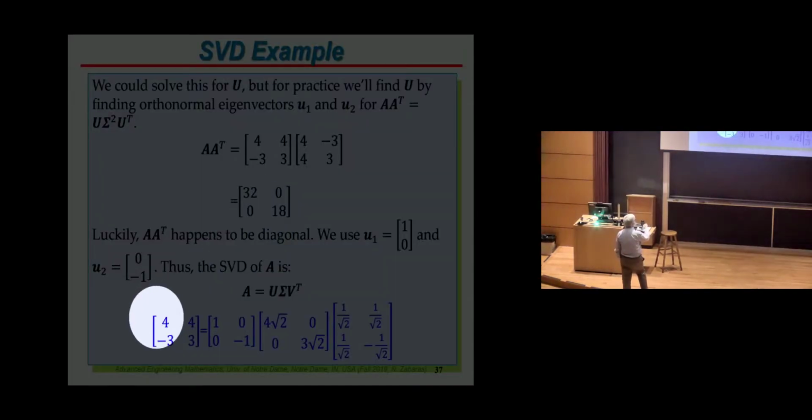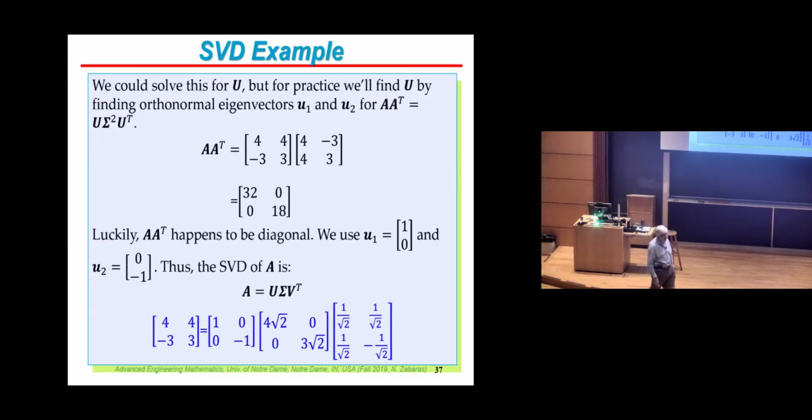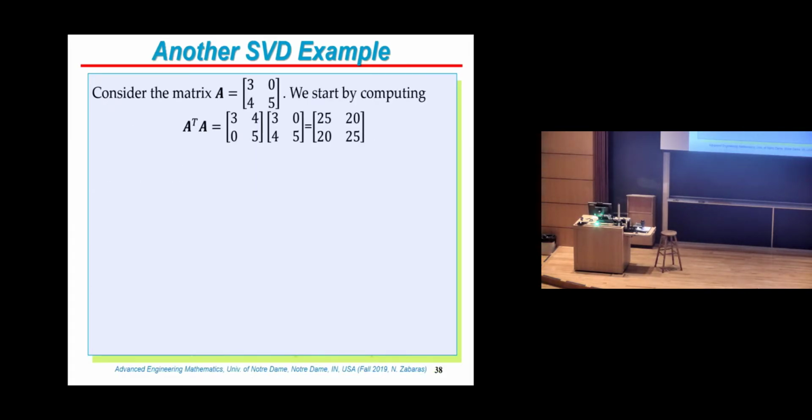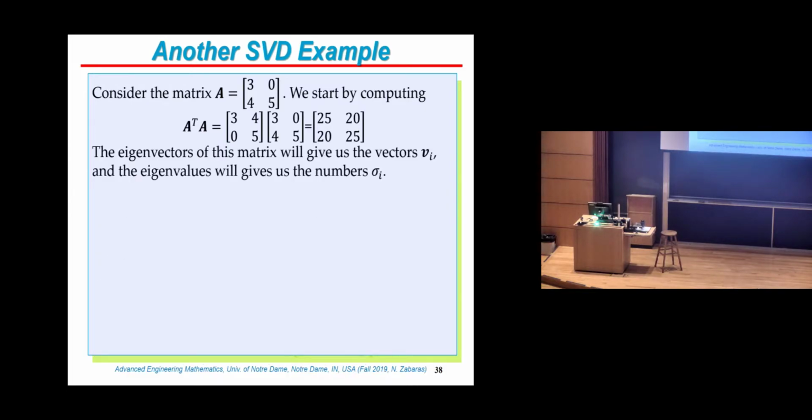This is your original matrix. This is my U, this is the sigma matrix, and this is V transpose. That's the singular value decomposition of the matrix A. Again, there is nothing fascinating because this example was an easy one. I think this example also has independent columns.